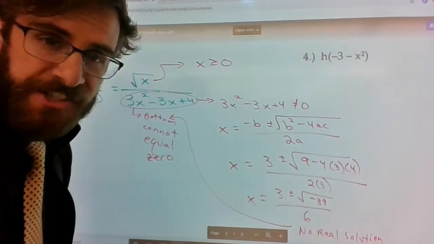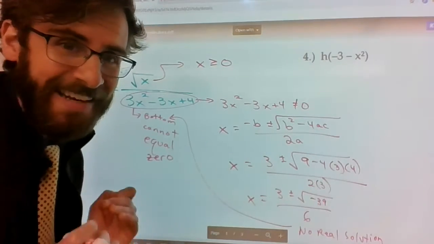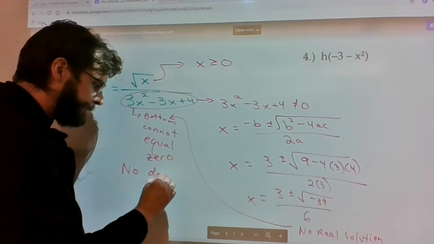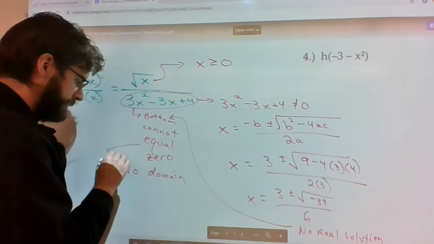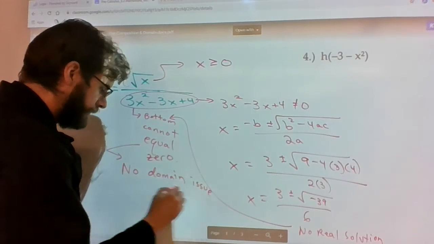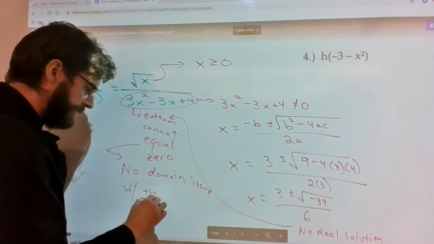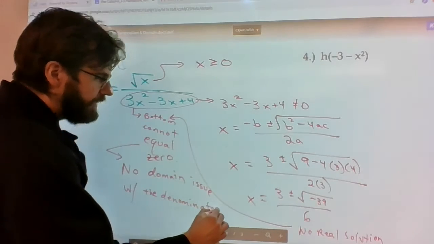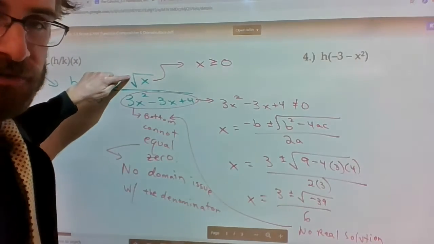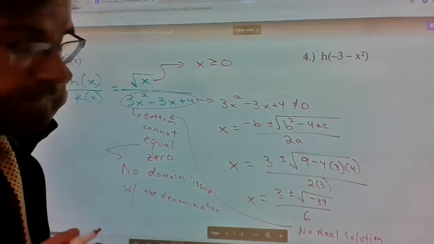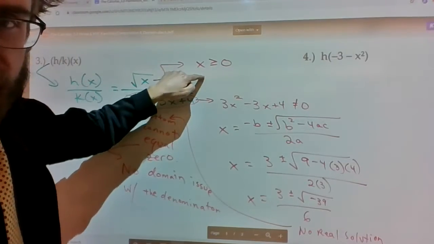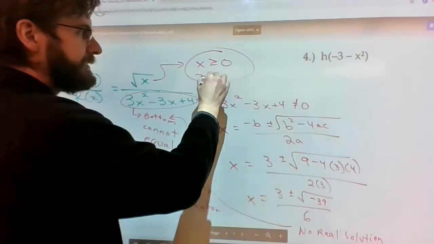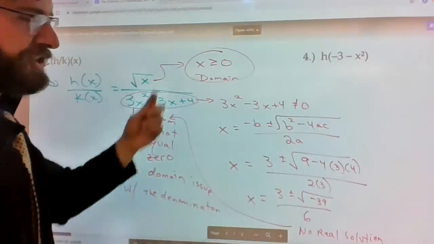Okay, so what that means is there's no domain issue with the denominator. So it's kind of like if this root didn't exist, you'd say all real numbers. But because this root does exist, that's going to be our domain. So the domain is what you see right up there.